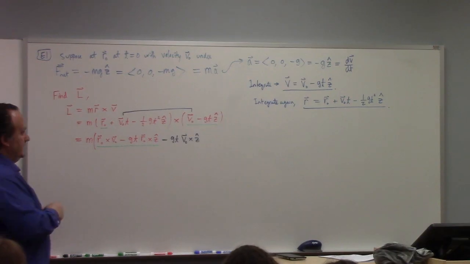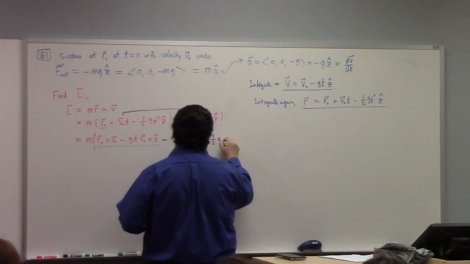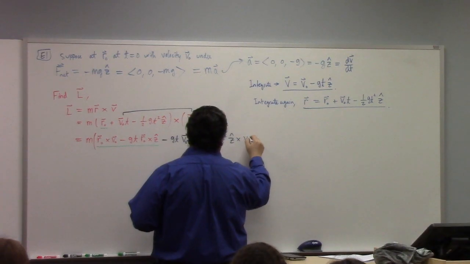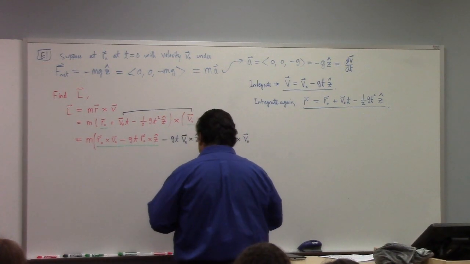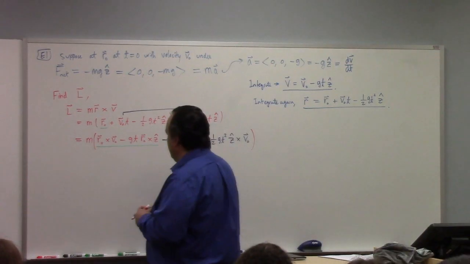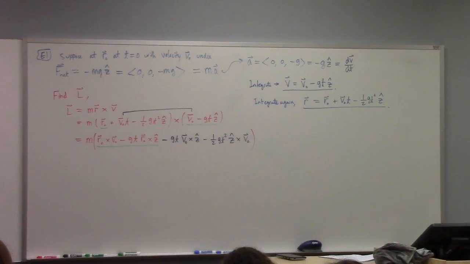And then I get minus 1/2 g t squared z hat vector cross v naught. And that's it, because the remaining term, the z hat cross z hat term, is also 0, because again the cross product of the vector with itself is 0. All right.